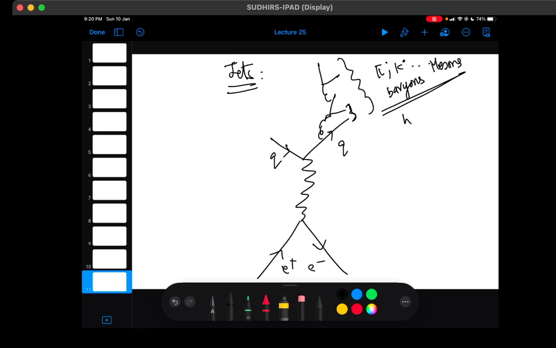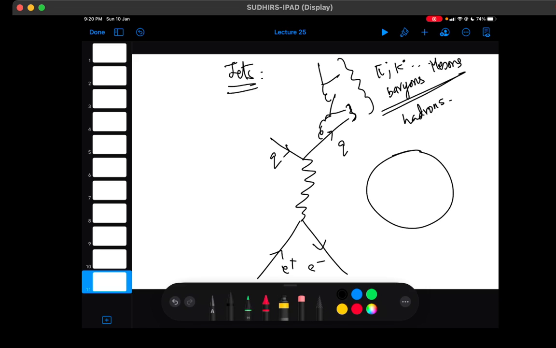This is in a typical collider environment. If this is a collider, and this is a point, the incoming electron positron interact at this point and produce these quarks.